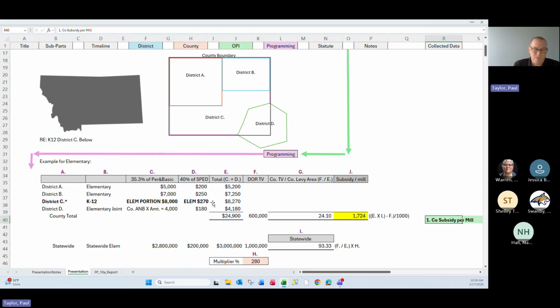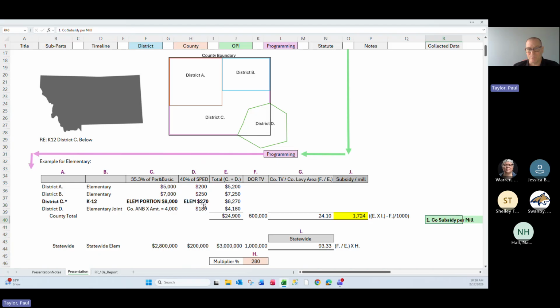So you get the elementary and the middle and high school A and B numbers and figure out the ratio of level elementary in comparison to the total, elementary and high school together, and then proportionately split the disproportionate cost reimbursement. Therefore, we can figure out what the split is, and then we can apply 40% to that and determine the elementary piece for how much the levy area in the elementary portion of a K-12 would be.